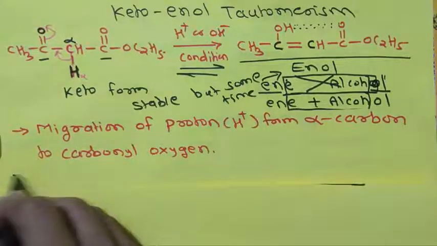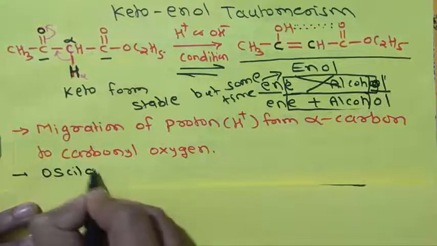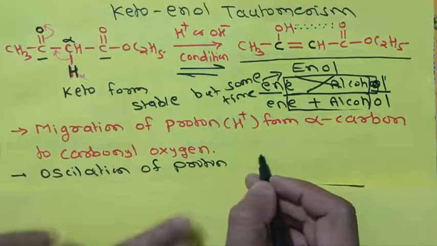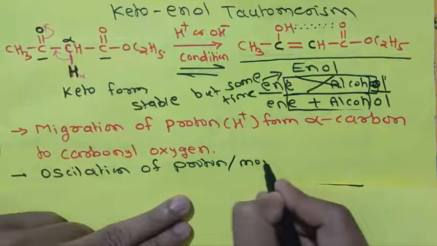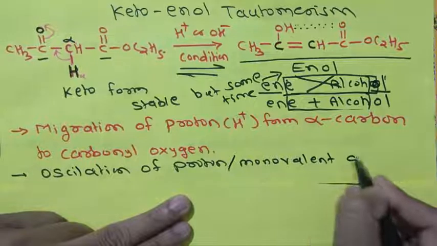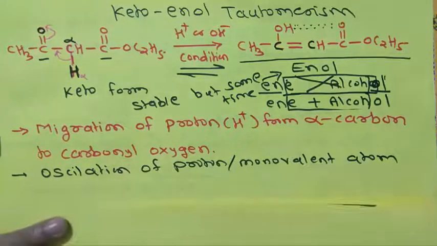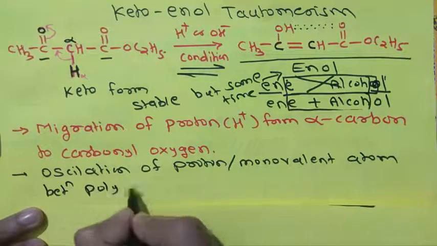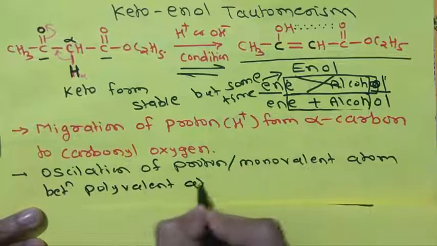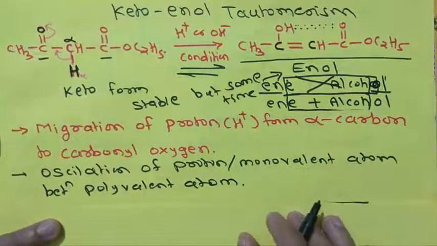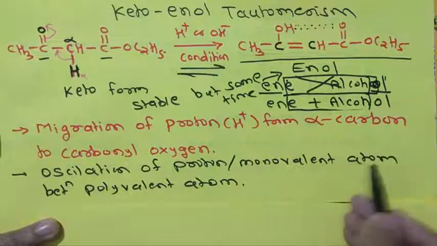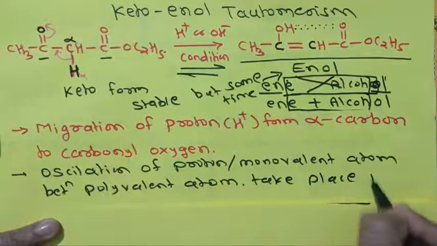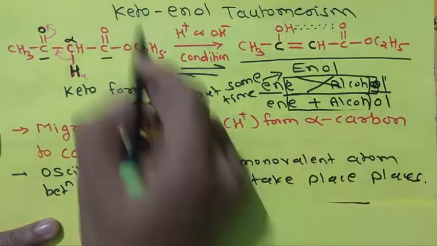Sometimes it is also called the oscillation of a proton or monovalent atom between polyvalent atoms. The oscillation of the proton or monovalent atom between polyvalent atoms is called keto-enol tautomerism.